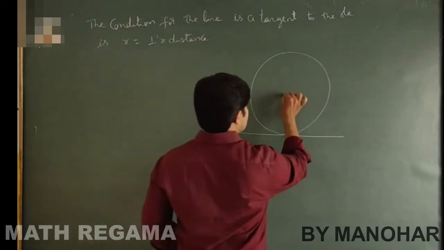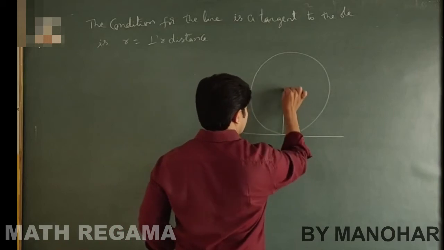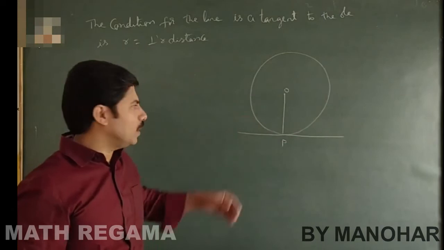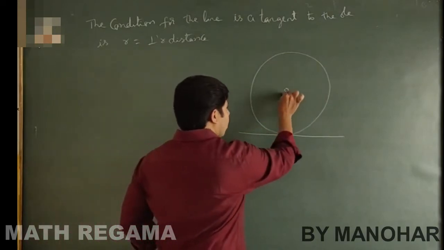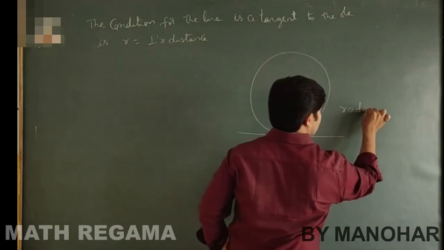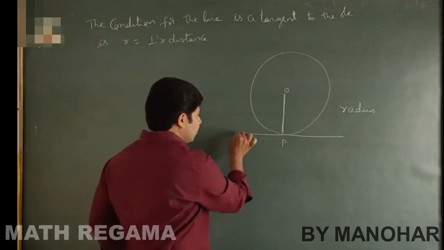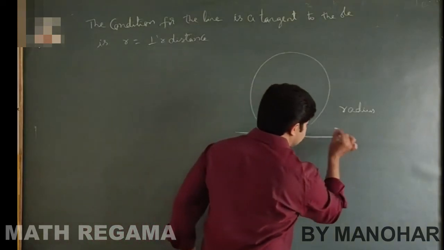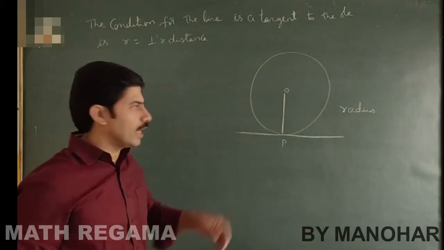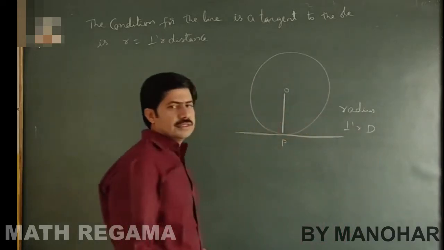Now suppose we draw a perpendicular from O to P. This OP is called the radius. The same OP, if we refer to it with respect to the tangent, is called the perpendicular distance.